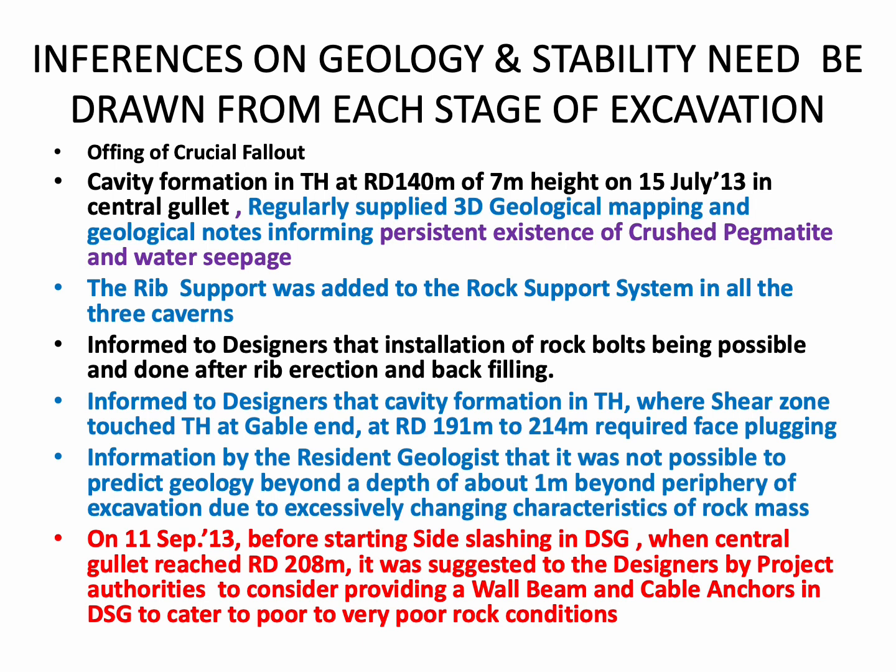But somehow the Downstream Surge Gallery was left still precariously intersected by the major shear zone, and for that reason, before starting the side slashing, the designers were requested by the project authorities to provide wall beam and cable anchors in the reach of the downstream surge gallery where it is intersected by the shear zone.